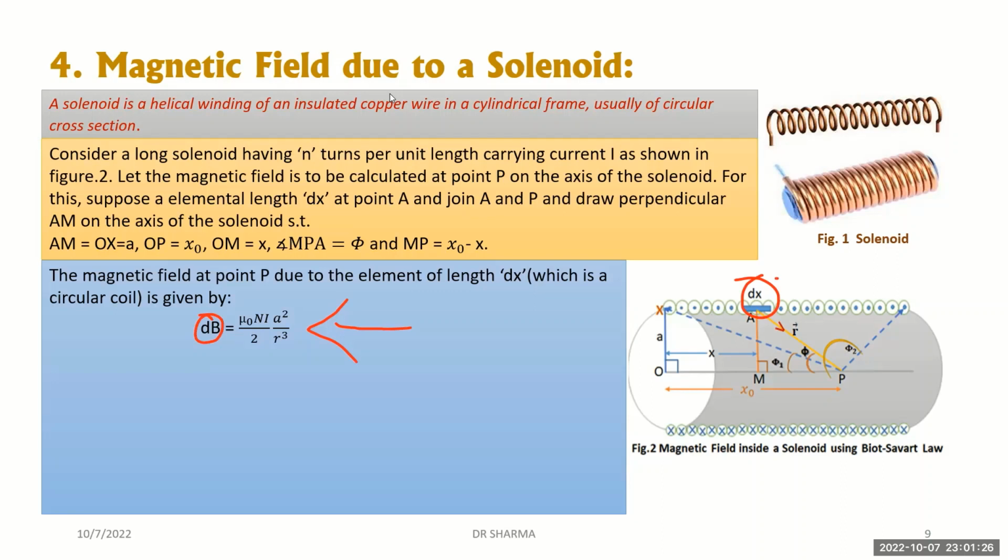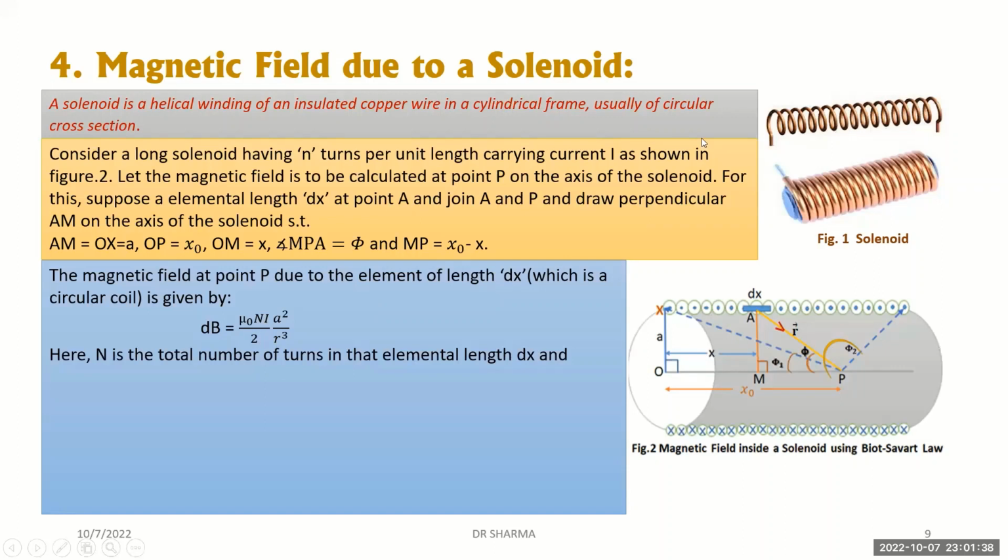Okay, in this case also, we convert variables and integrate to get the total magnetic field. Right? Let me share. Here, capital N is the total number of turns in that elemental length. If small n is the number of turns per unit length of the solenoid, then from the definition, total N will be equal to small n times dx.